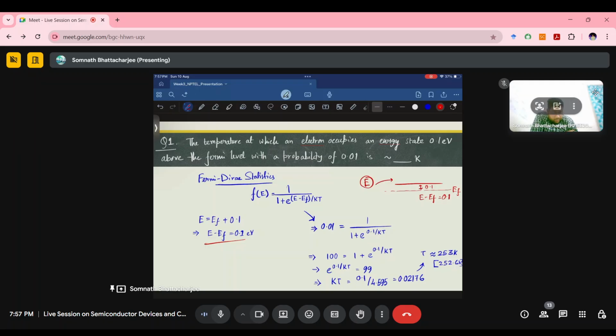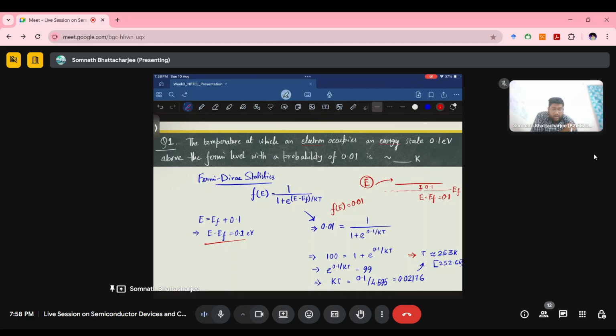Based on that, the probability of finding that electron in that energy state was 0.01. We have just calculated the value, put the values here, and got T equals 253.